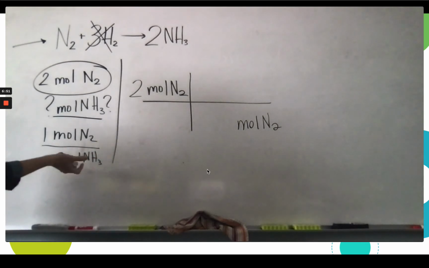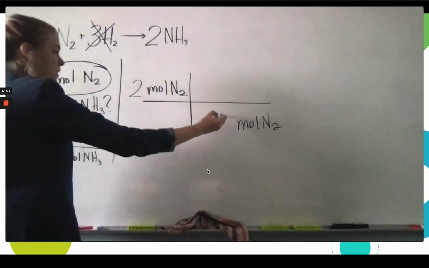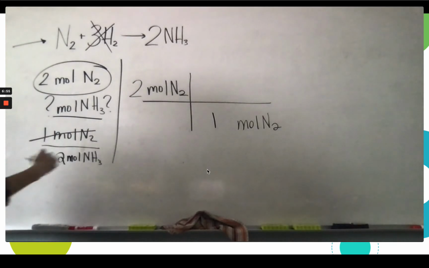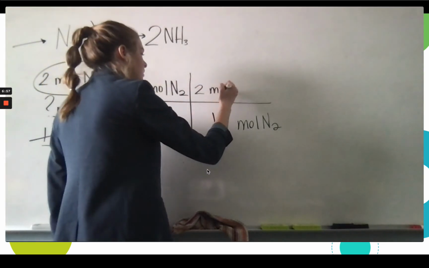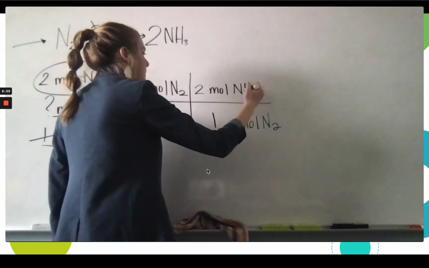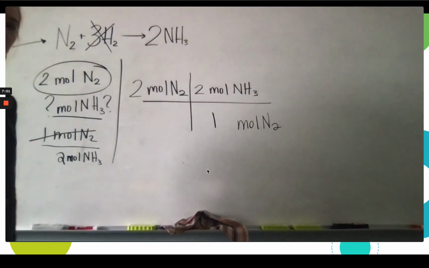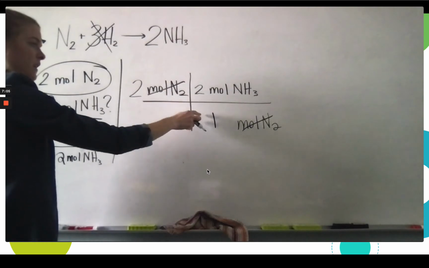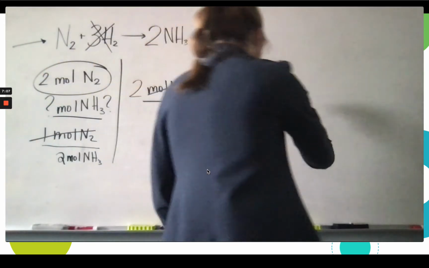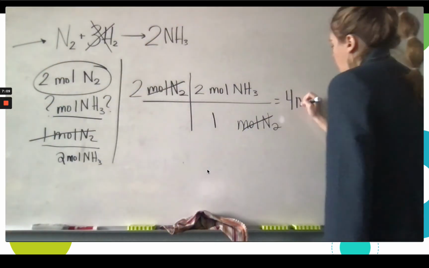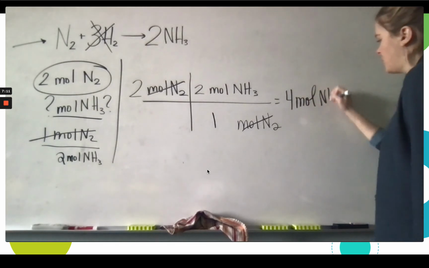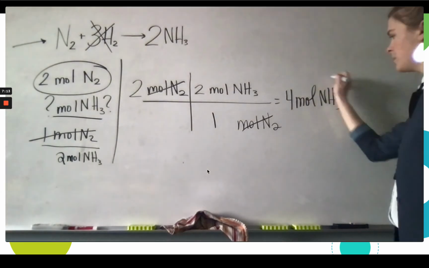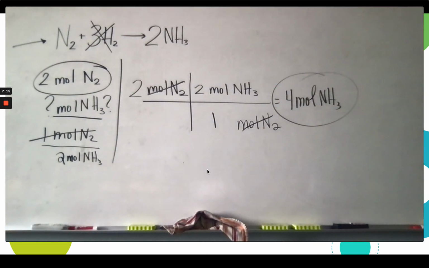However, we need to flip this because we need to have 1 mole of N2 on the bottom and 2 moles of NH3 on the top. We can cancel our moles of N2, so we're left with 2 times 2 divided by 1. So our answer should be 4 moles of NH3, which is ammonia. 4 moles of ammonia.